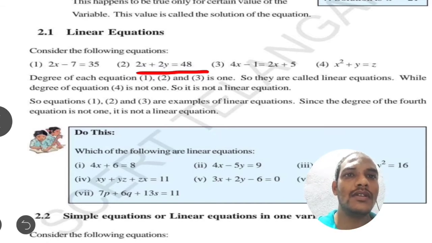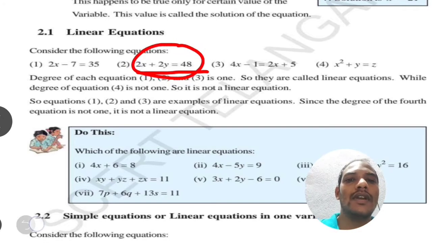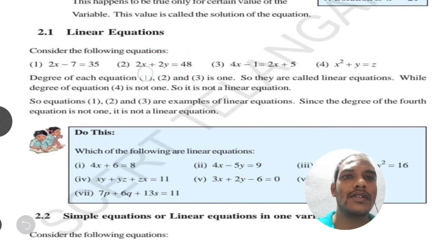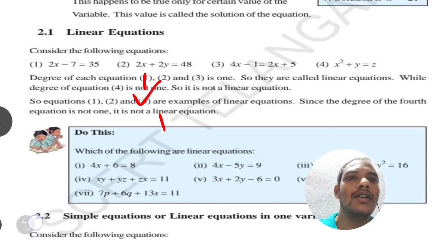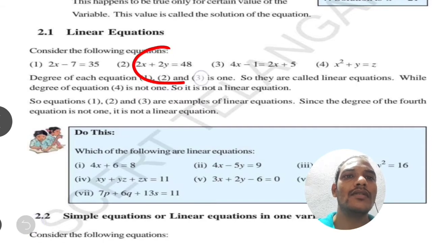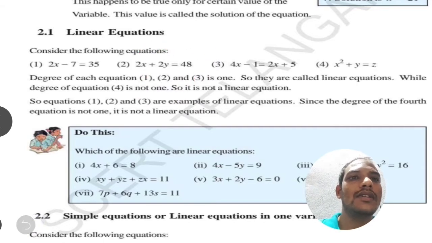In this equation there are two different variables. Let us find its degree. First term degree is 1, second term degree is also 1. So overall the degree of the equation is 1. So it is also an example of a linear equation.